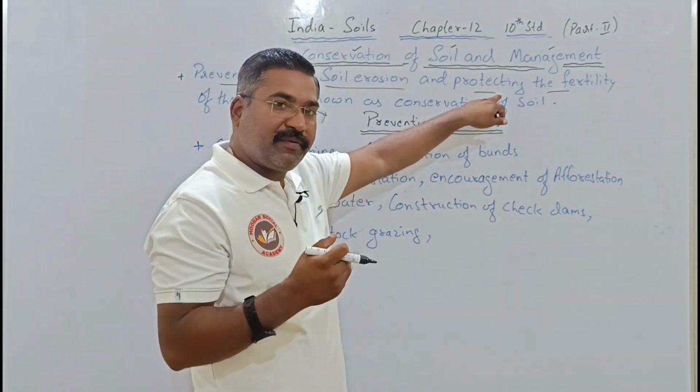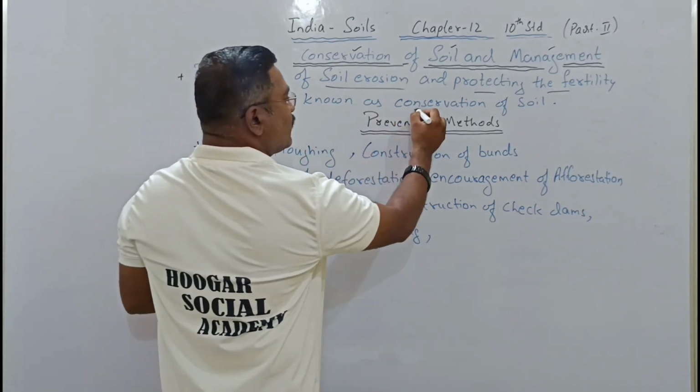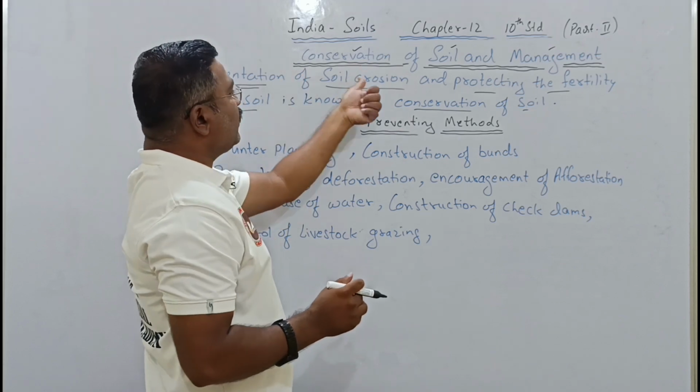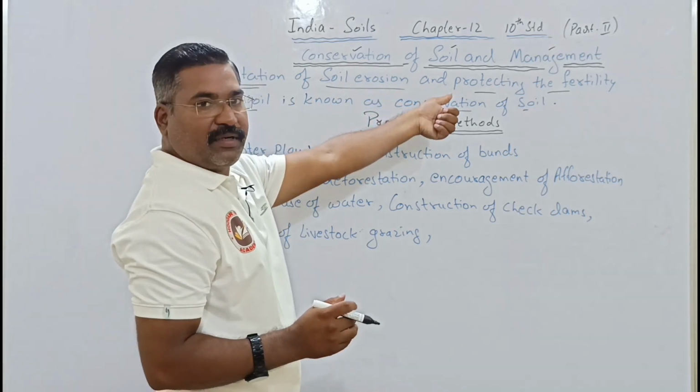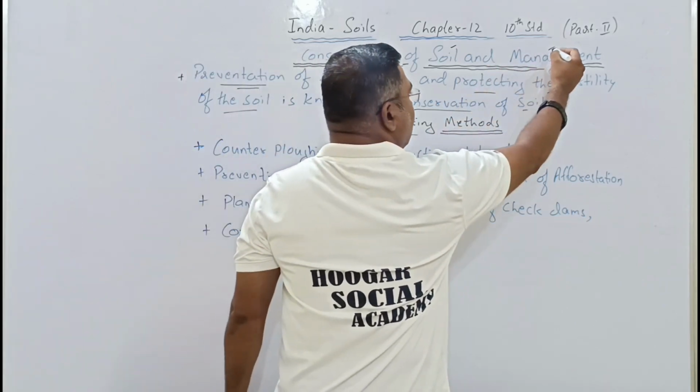If soil erosion is prevented, only then will fertility remain in the soil, which is called conservation of soil. Only by prevention can we save the fertility of the soil. And what is management?